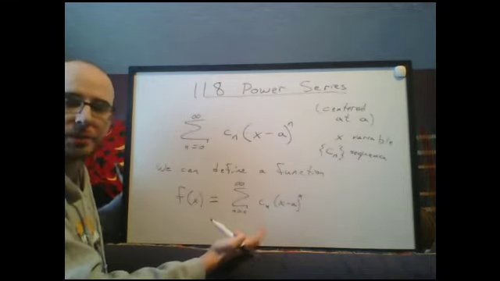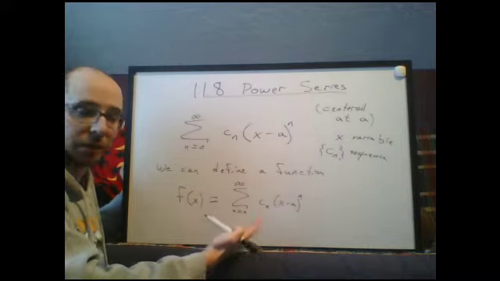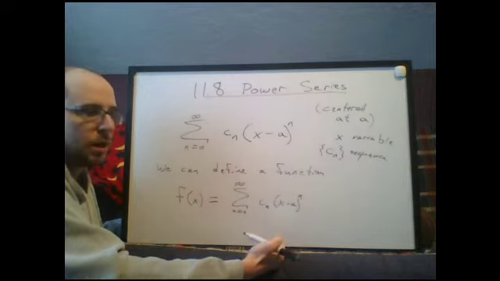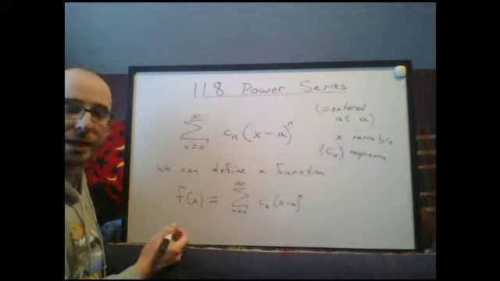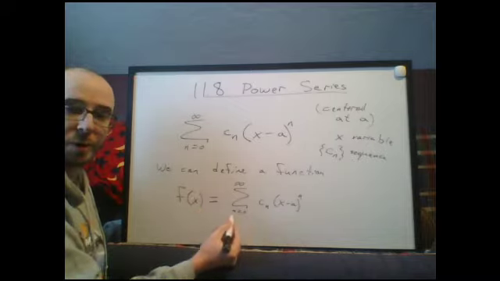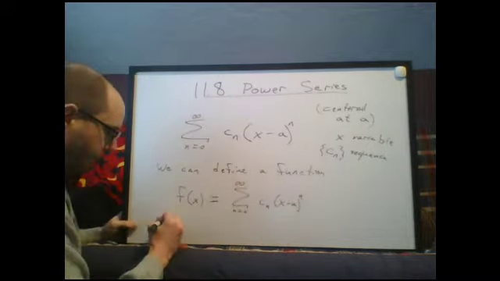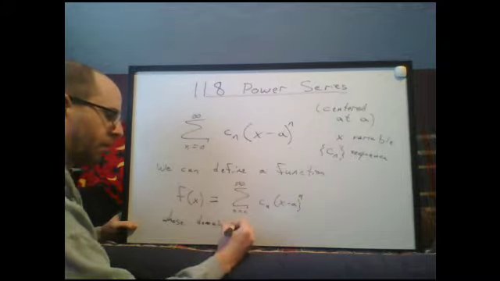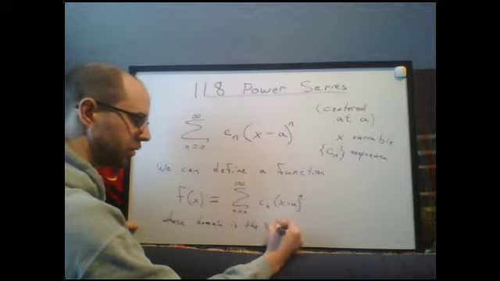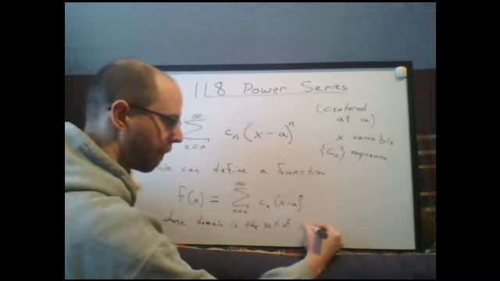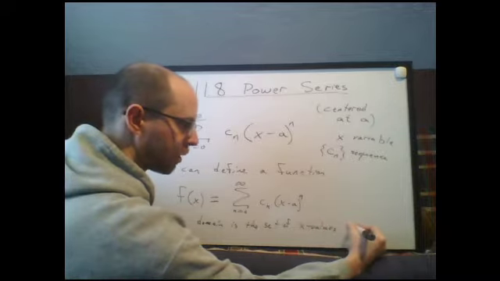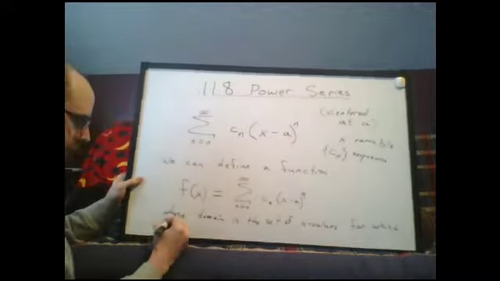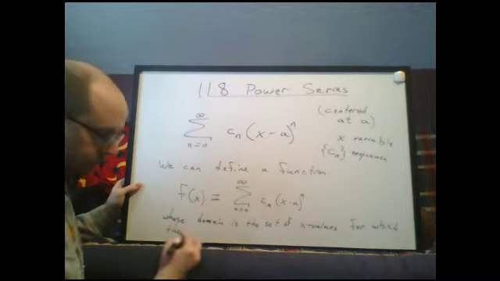So we can define this function, but it's only a function if you get an output. So you can only plug in certain x values and get outputs. So the domain for this function we've defined is the set of x values that give you a convergent series, whose domain is the set of x values for which the series converges. Hopefully you can read that.